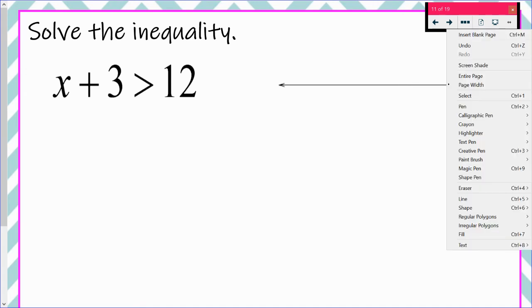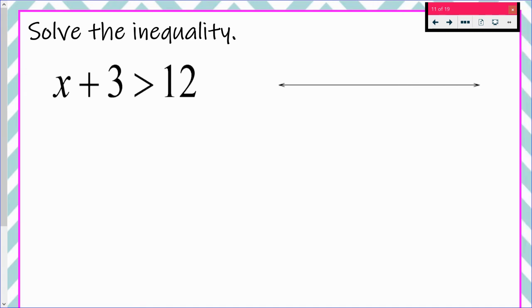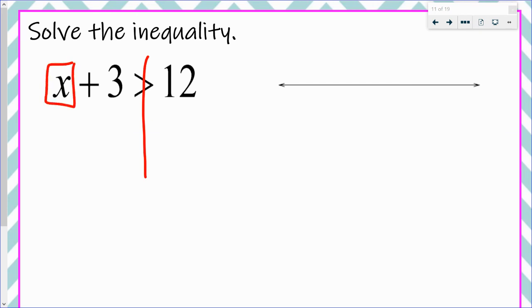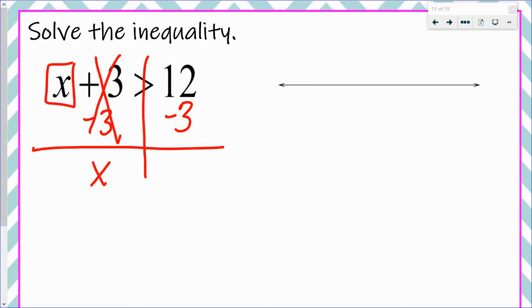We are going to solve x plus 3 is greater than 12. So it's a one-step equation. I'm going to draw your line, box your variable. I'm going to subtract 3, subtract 3. x is greater than 9. And that's it.